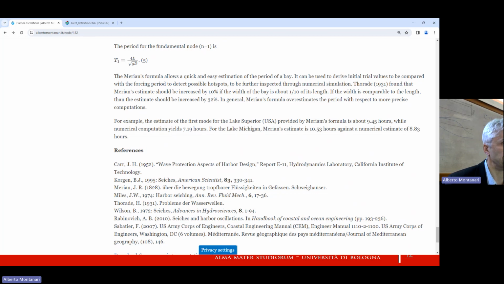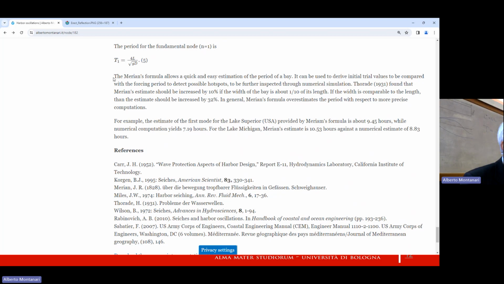Okay, now, of course, this formula is a first indication. It's a quick and easy estimation of the period of a bay, and it can be used to derive an initial value, a trial value for the period.